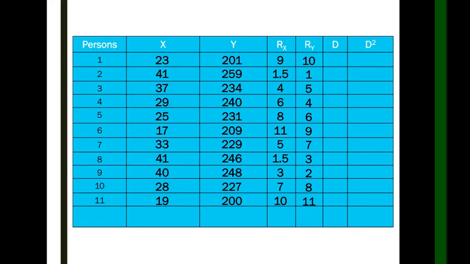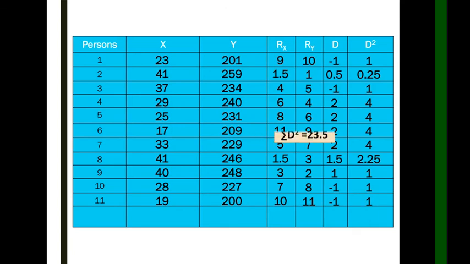After that, get the difference: negative 1, 0.5, negative 1, 2, 2, 2, 2, 1.5, 1, negative 1, negative 1. And the d squared is 1, 0.25, 1, 4, 4, 4, 4, 2.25, 1, 1, and 1.